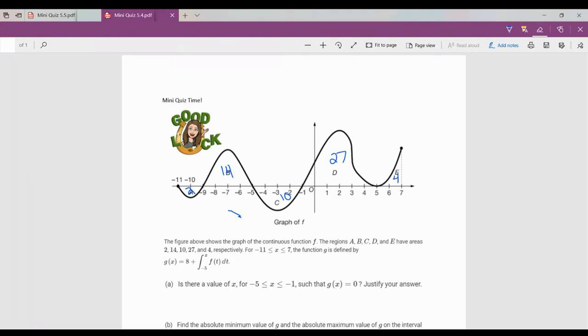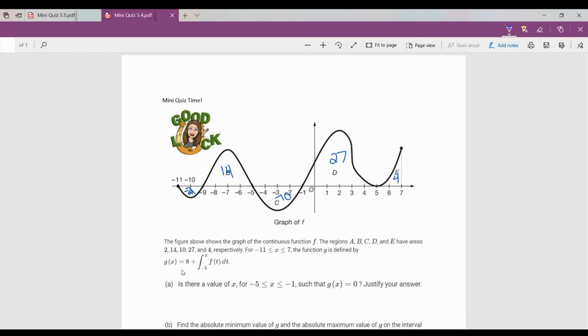With the regions below the x-axis, I'm going to make them negative. Now that I have my areas labeled, I can look at what the question is asking of me.